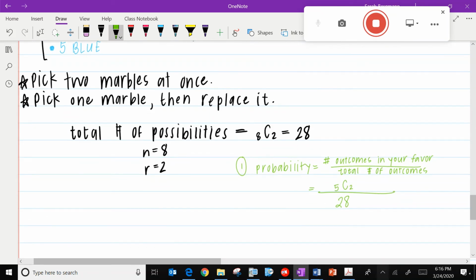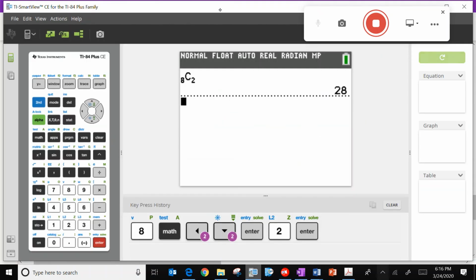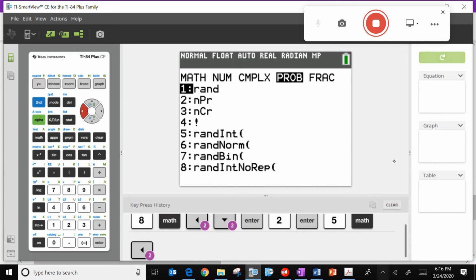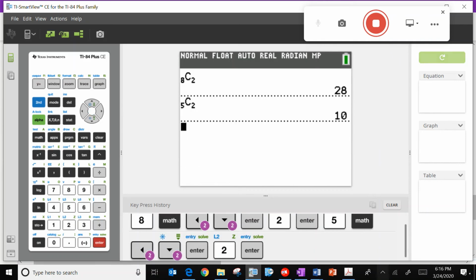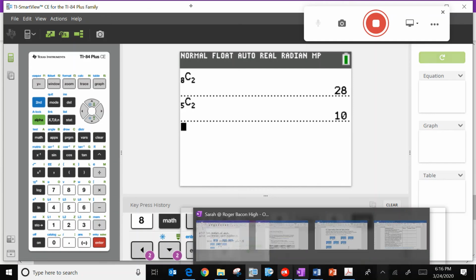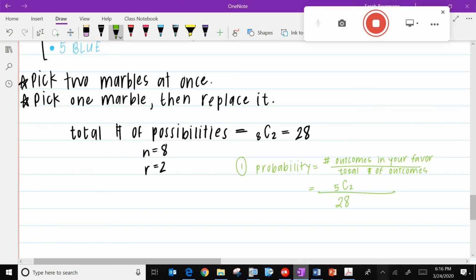So let's go back to our calculator, type in 5 choose 2. Gives you 10, out of 28.